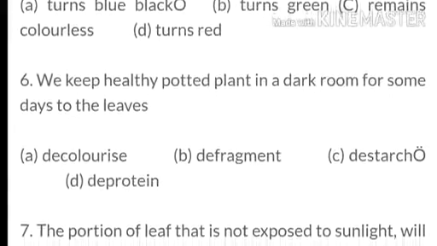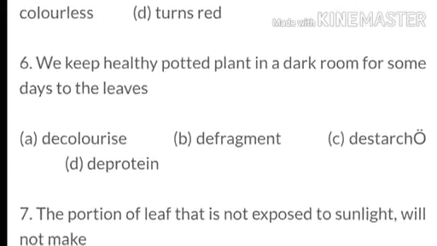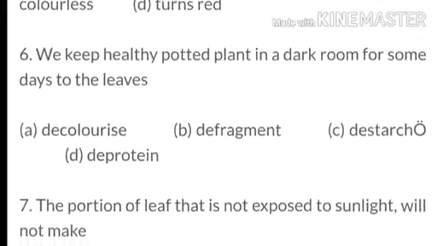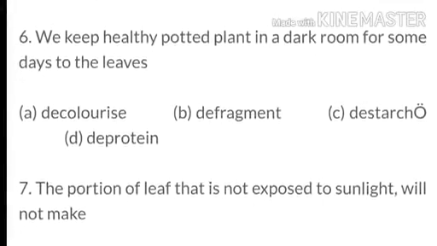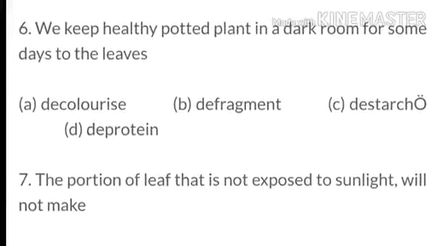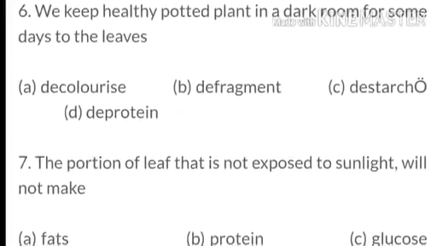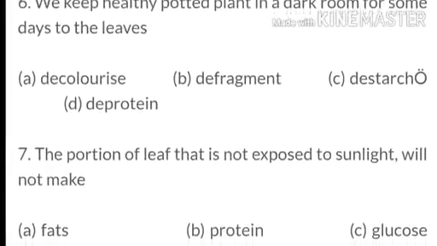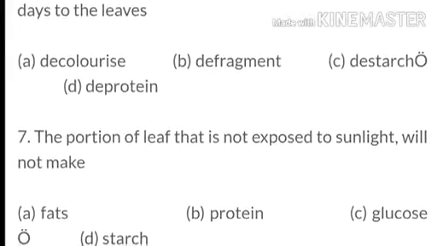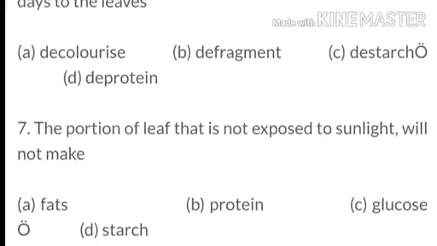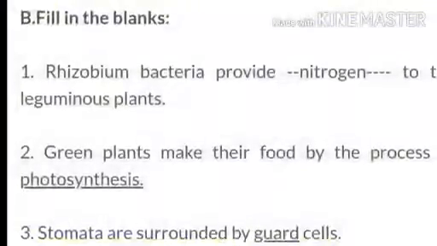Now seventh question, the portion of the leaf that is not exposed to the sunlight will not make what? Our options are fats, protein, glucose and starch. So we know if it is not exposed to sunlight, then the correct option is starch.